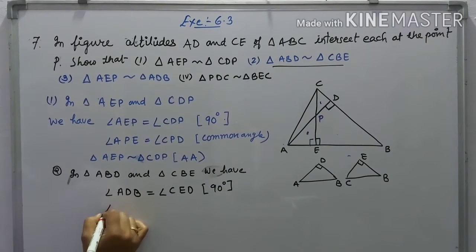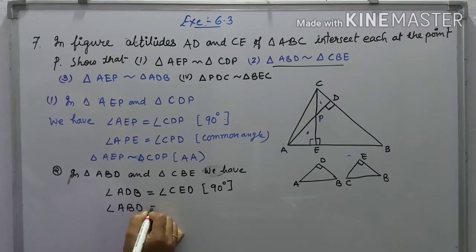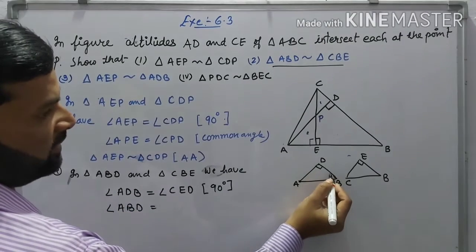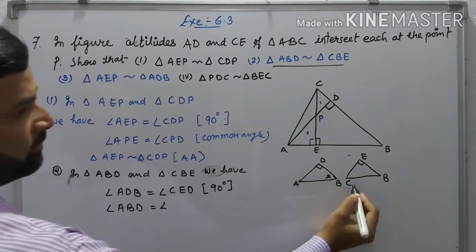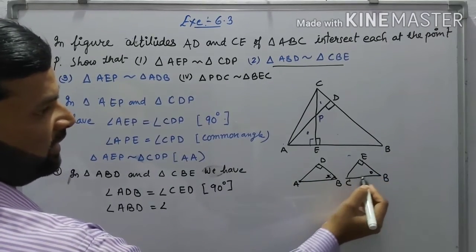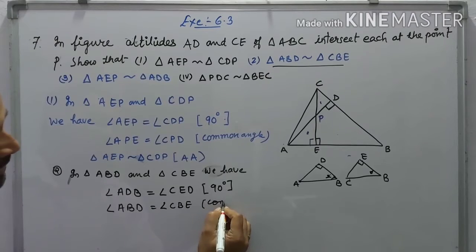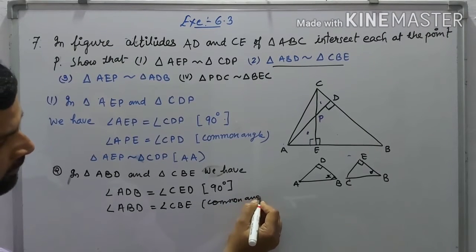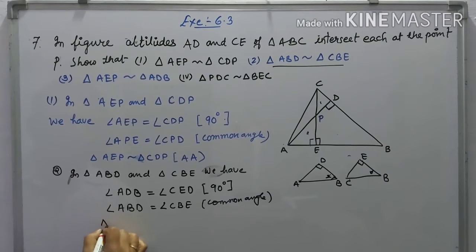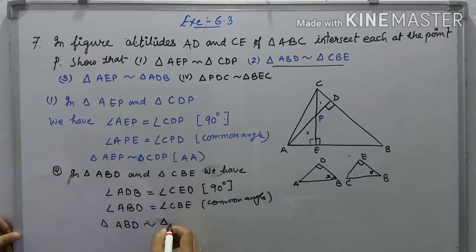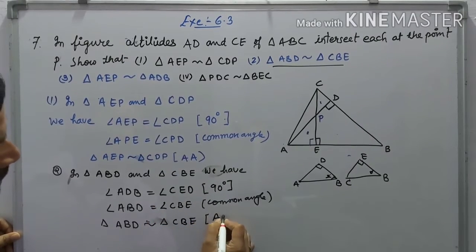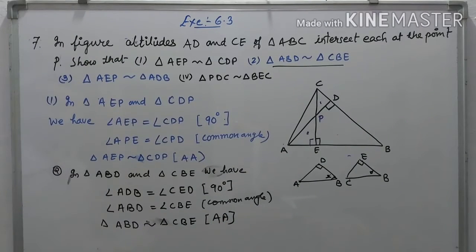Now second, angle ABD is equal to angle CBE, because B is common, so CBE is the common angle. That means triangle ABD is similar to triangle CBE. Why? Angle-angle. Okay, the first and second are solved.